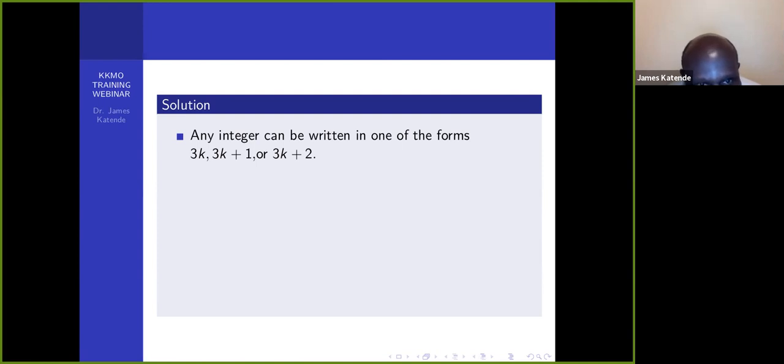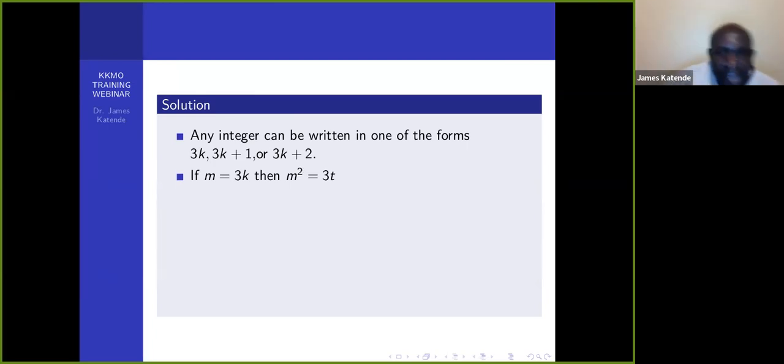Either it's a multiple of 3, or leaves remainder 1 when divided by 3, or leaves remainder 2 when divided by 3. So you can write them as 3k, 3k plus 1, or 3k plus 2. Any integer you pick will fall into one of these three categories, so if you consider these three categories, you will have considered all possible integers.